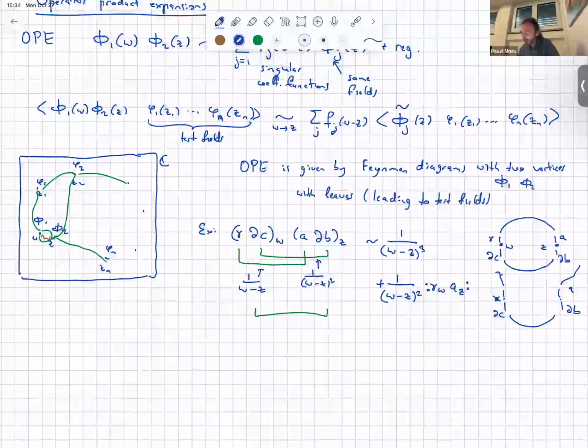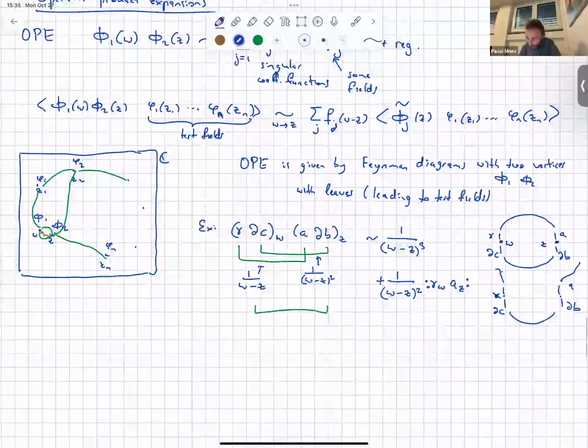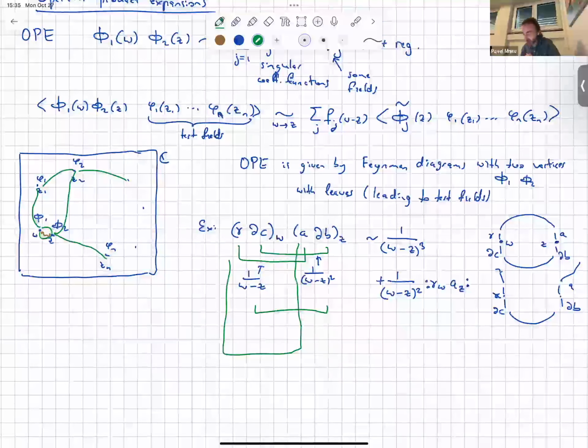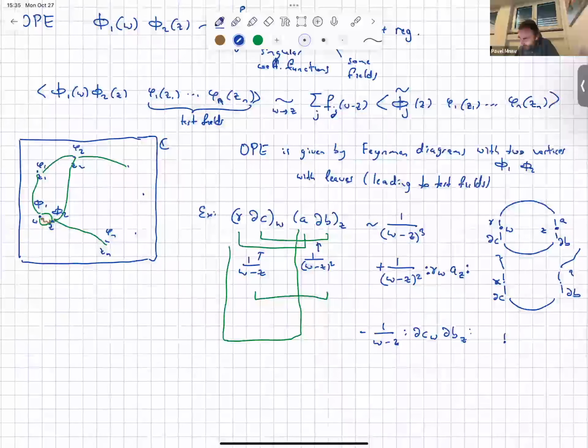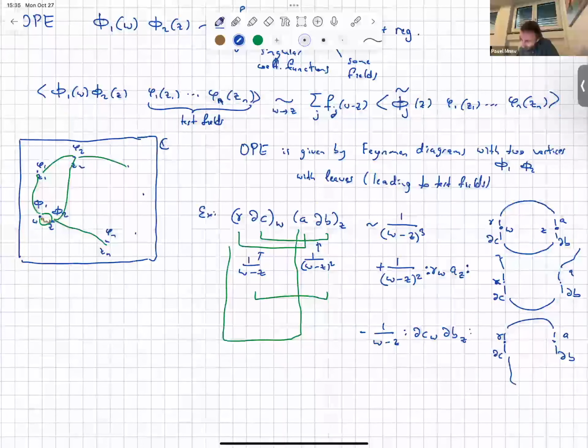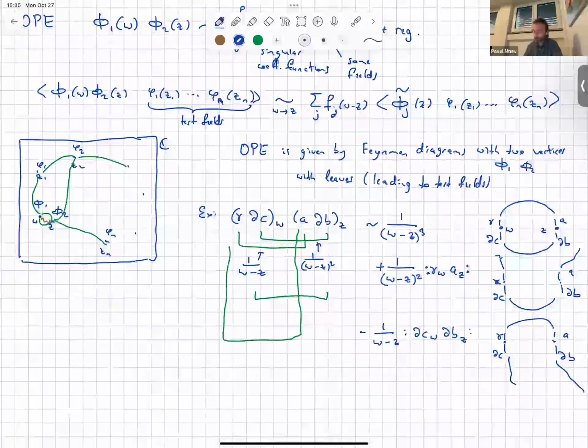Now, the third possibility is to do the contraction between gamma and A and not contract del C with del B. That gives me -1 over W minus Z, times the normally ordered product of del C at W and del B at Z. In the pictorial notation, I'm contracting A with gamma, and del C and del B lead to the test fields.